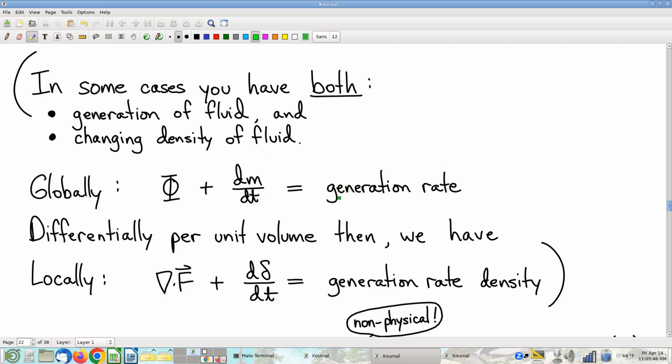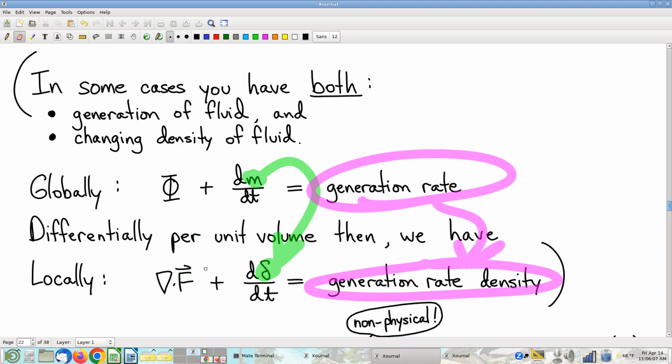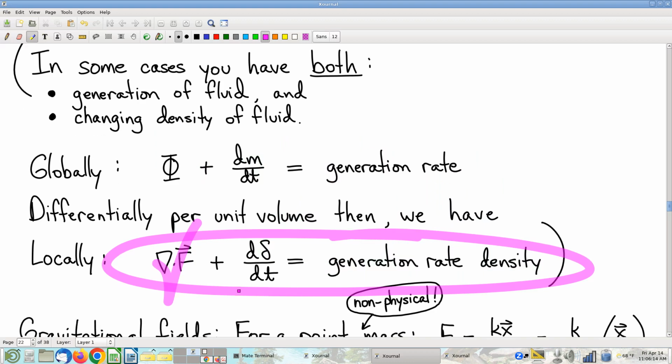And if you just divide by dV across the board, flux turns into flux density, mass turns into mass density, and this I call generation rate density. How bright is your light bulb in that particular place? And so what you have then is a relationship that allows you to interpret divergence in relation to these two possible aspects of the fluid flow.